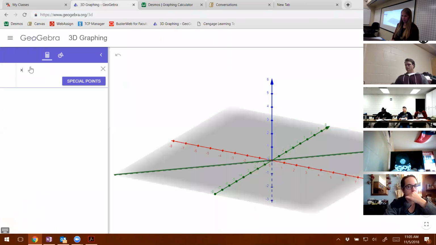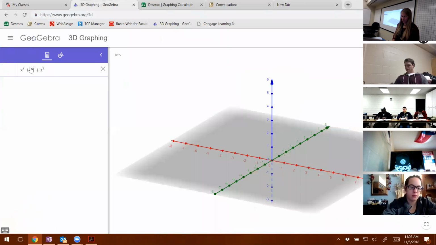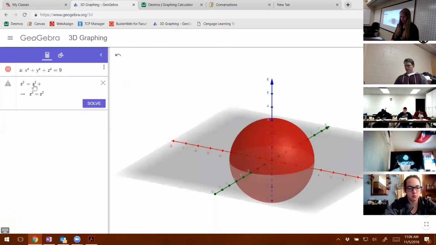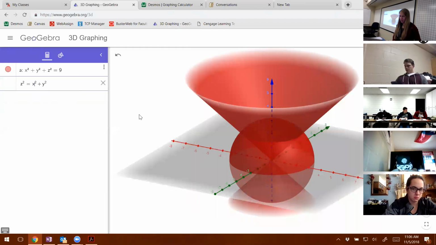Okay, there's our sphere. Maybe I'll graph the cone too. Did not type that right. There we go. Okay, and there's our cone.